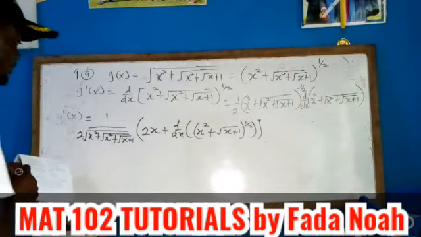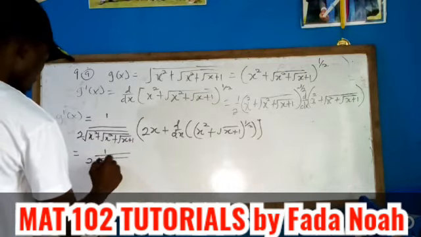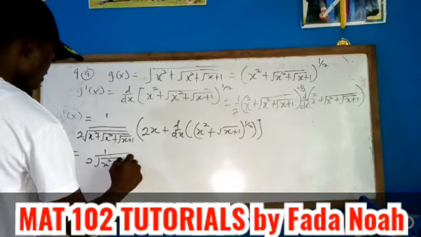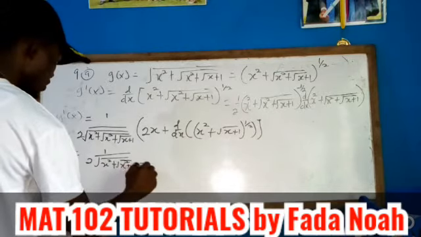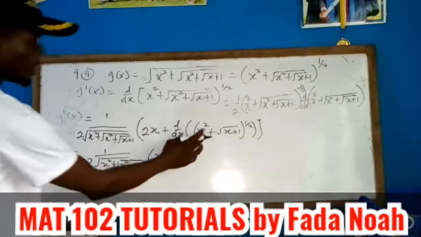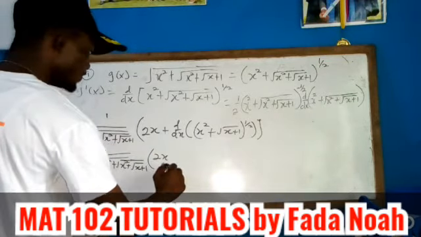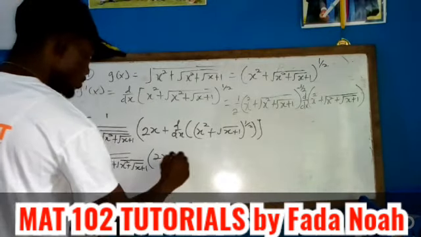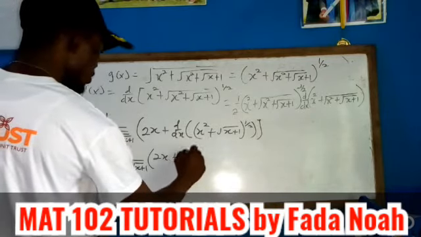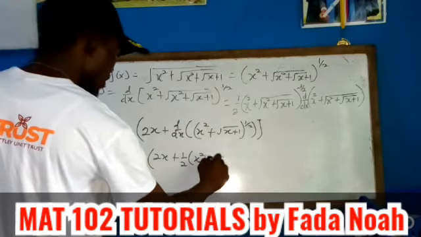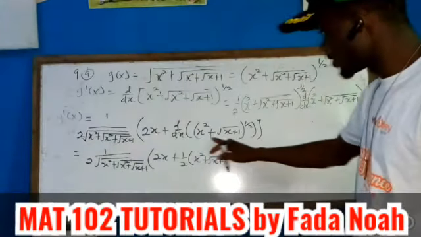So this one is equal to 1 over 2 square root of x squared plus the square root of x plus 1, times 2x, and for the derivative of this one we are going to have plus 1 over 2 times x squared plus the square root of x plus 1, exponent minus 1 over 2, times the derivative of what is inside the bracket.